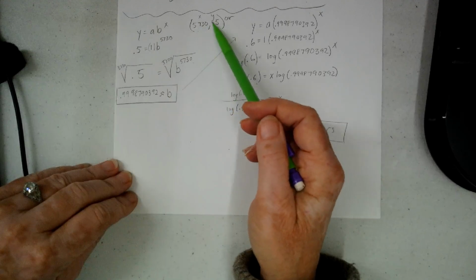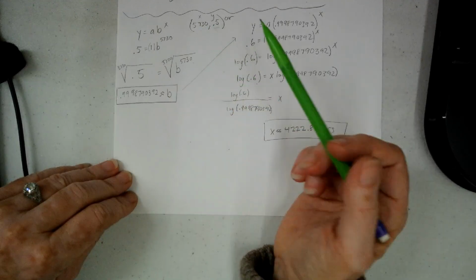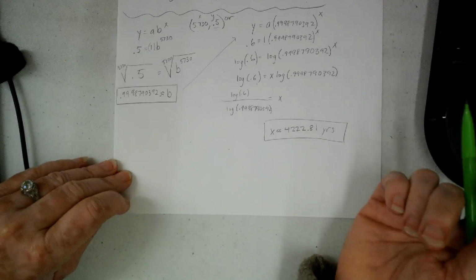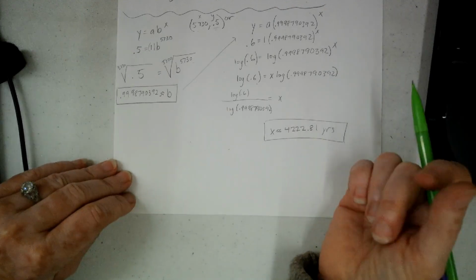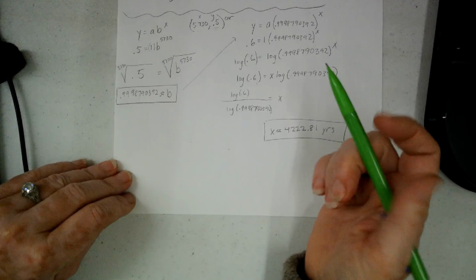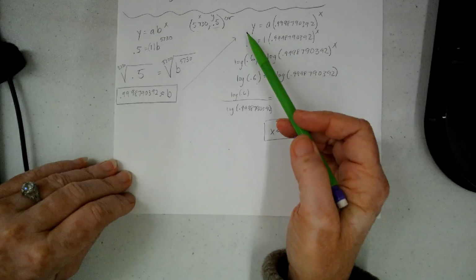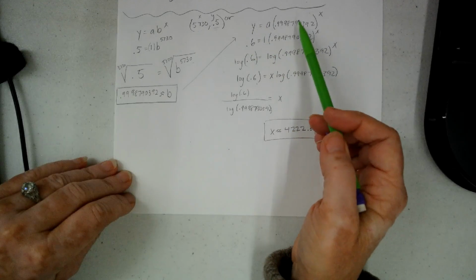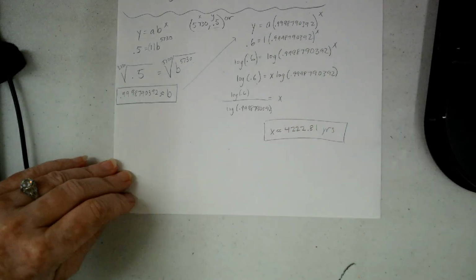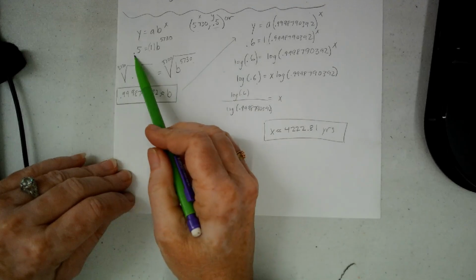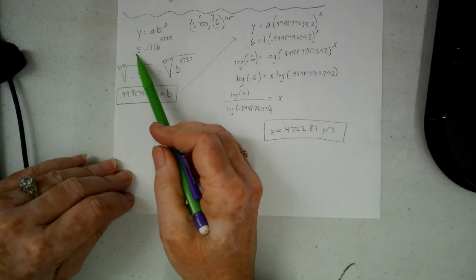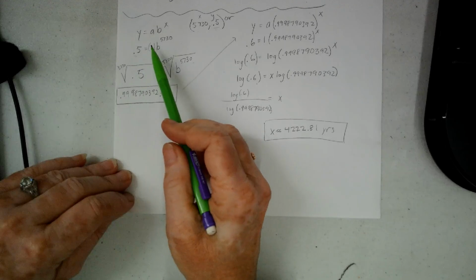So I would have used that as an ordered pair. I'm using y as the percent, or the amount left, the amount that's still there, and x is years. So then I would go 0.5, which is how much is left, equals a times b to the 5,730.